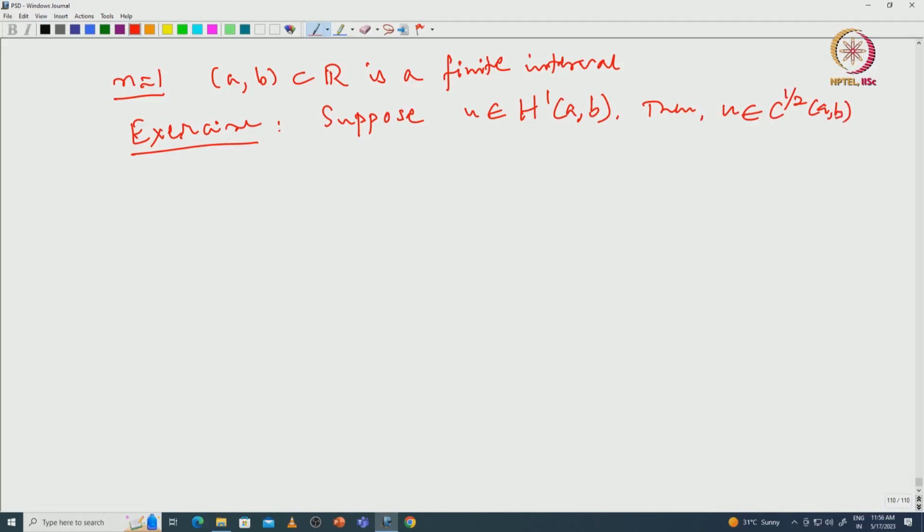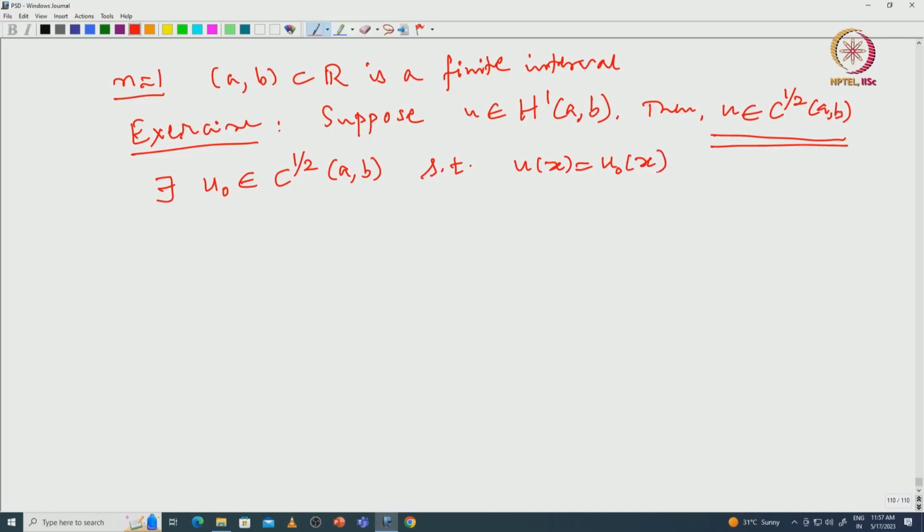We all the time write that, but what exactly it means is there exists a Hölder continuous function u0 defined on [a, b] with Hölder exponent half, such that u(x) equals u0(x) almost everywhere in (a, b).